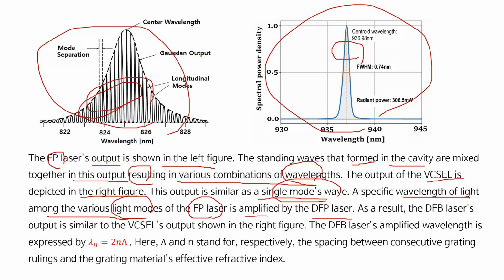So in the DFB laser, a specific wavelength is amplified to give the output, so there is a very pure wavelength. As a result, the DFB laser's output is similar to VCSEL's output shown in the right figure.